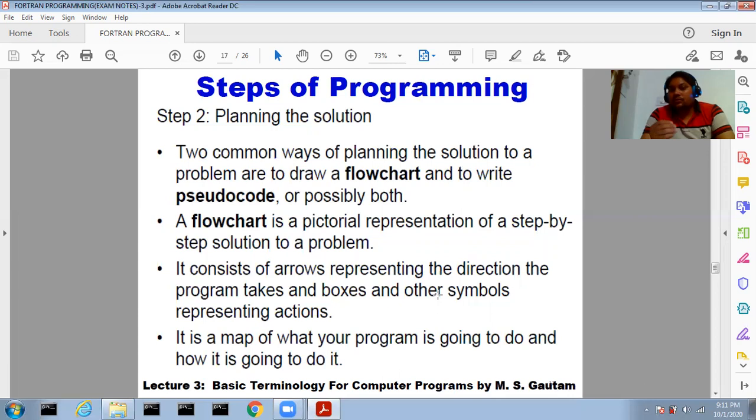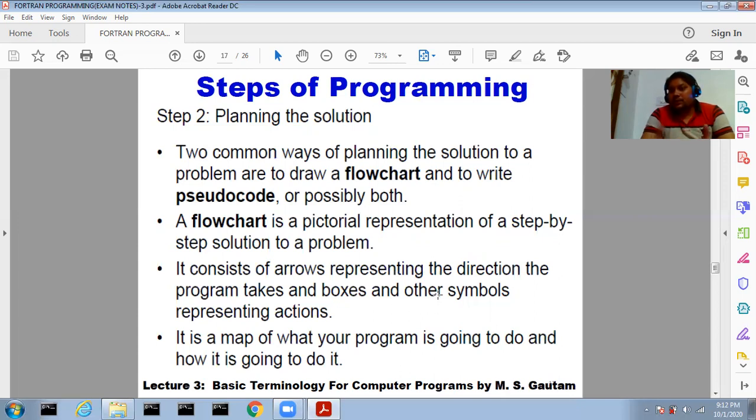There are two common ways of planning the solution to a particular problem. One is to draw the flow chart, and the second is to write the pseudocode. Or we can also use both. A flow chart is a pictorial representation of a computer program.